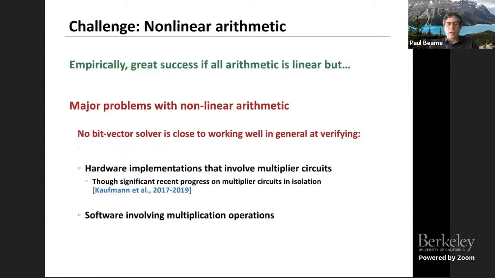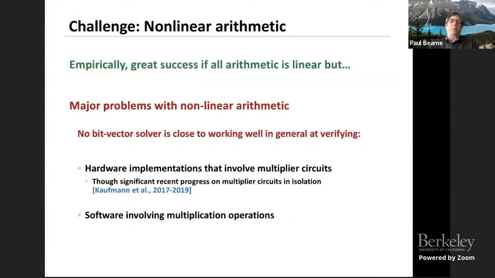There are variations in hardware and software. A big challenge of bit vector solvers is nonlinear arithmetic. There's actually been tremendous success if all the arithmetic in your code is linear, or if your target spec is linear.